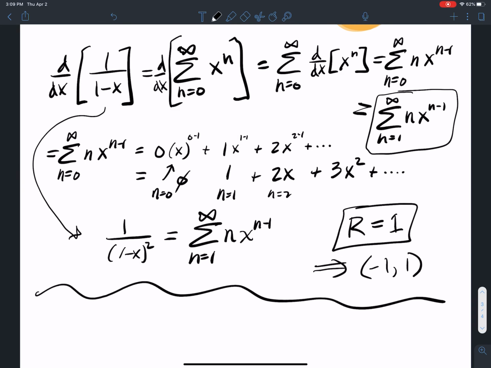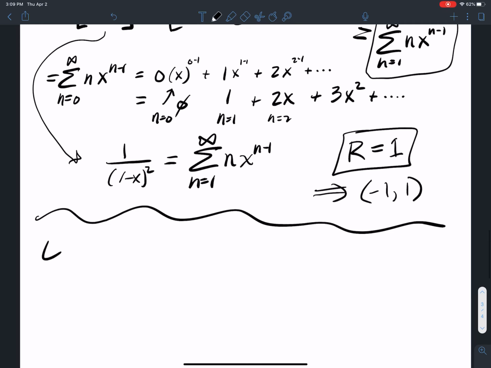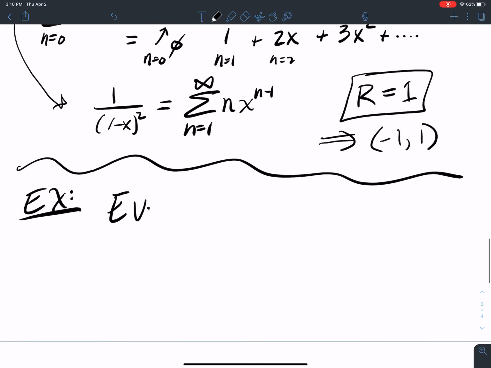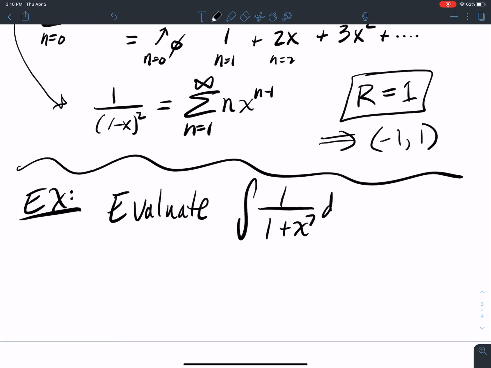Let's do one where we integrate. Okay, so evaluate the integral of 1 over (1 plus x to the 7th) dx as a power series.